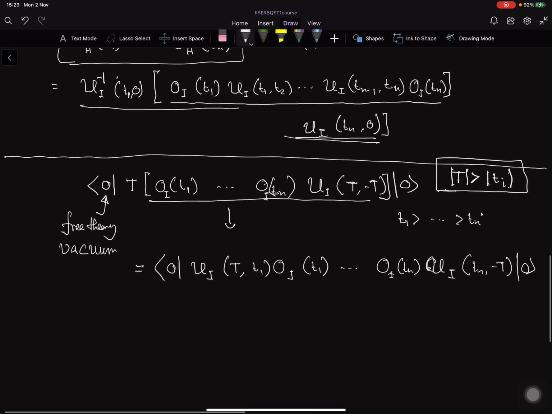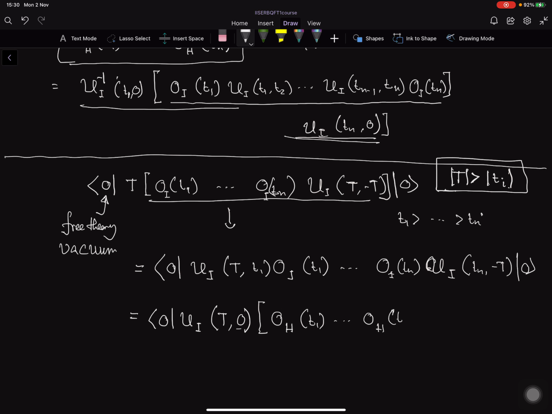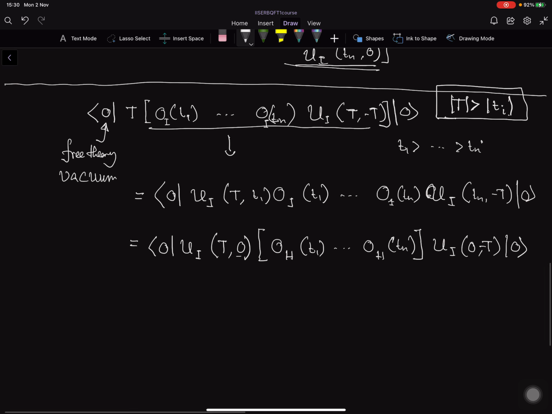So this can then be written as the vacuum, U_I (t, 0), important is t to 0, then the Heisenberg picture operators O_H (t1) dot dot dot O_H (tn), then U_I (0, -t). Okay, now we insert here a complete set of states of the interacting theory.